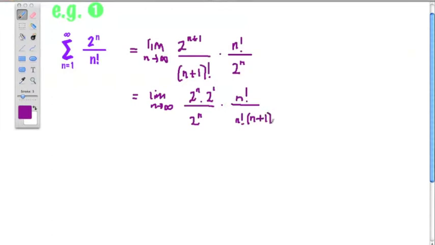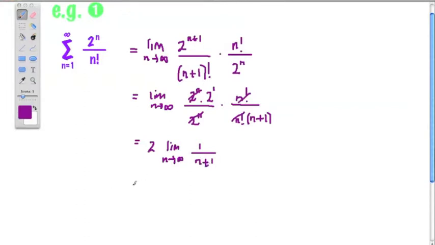So this is just rearrangement. Then I cancel out, so we will get 2 times the limit as n goes to infinity of 1 over n plus 1.